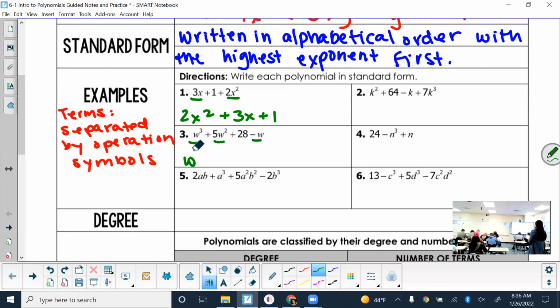Good. W to the 3rd power. So out of the ones that are written, this one has a higher exponent. Then what would be written? Good. And then next would be 20. The minus W, and then the plus 28.